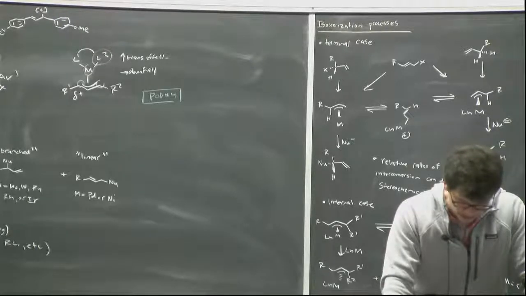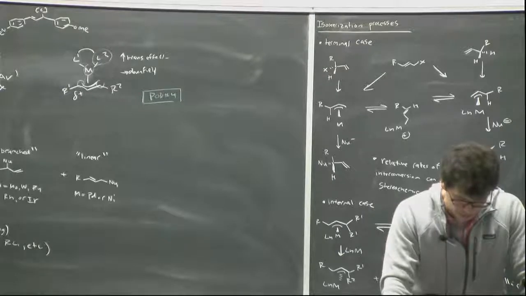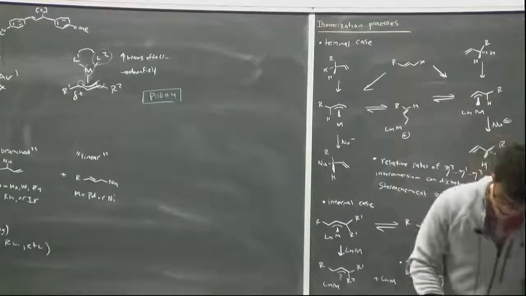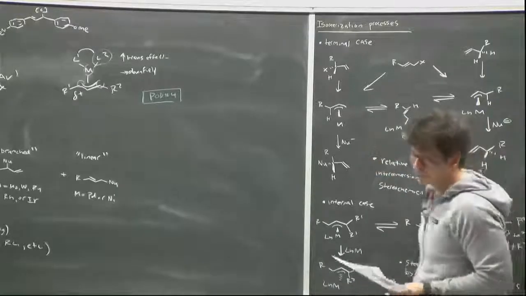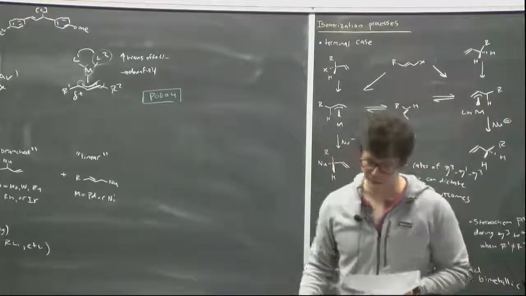So this is a case where the two reaction partners in an allylic substitution are tethered together. I think this example is probably from the Stoltz lab. Is that right? Joe's nodding.